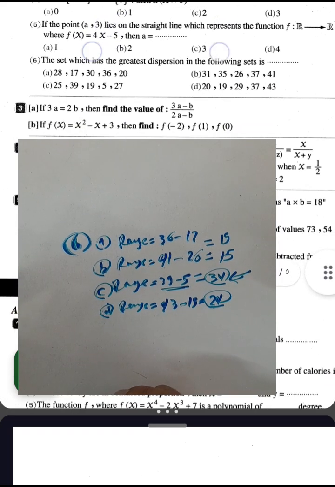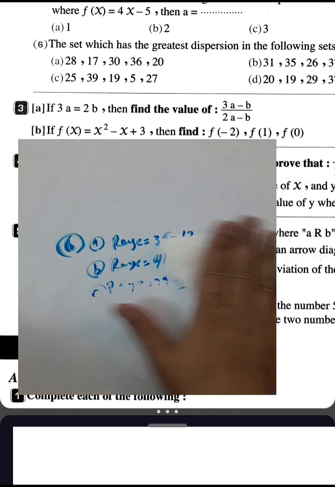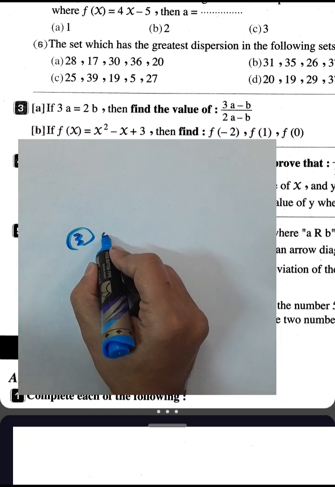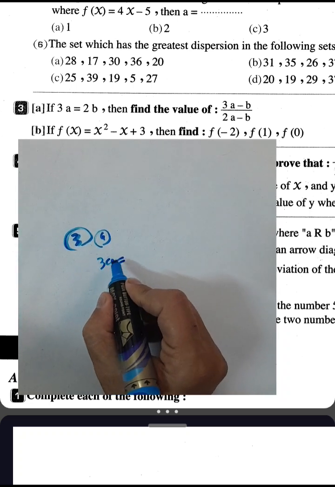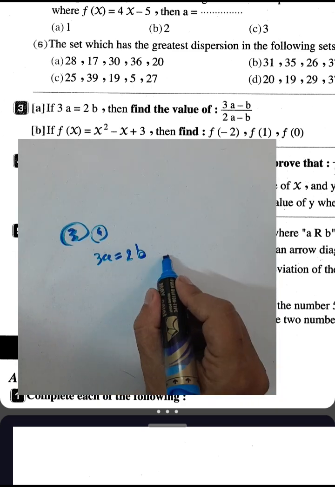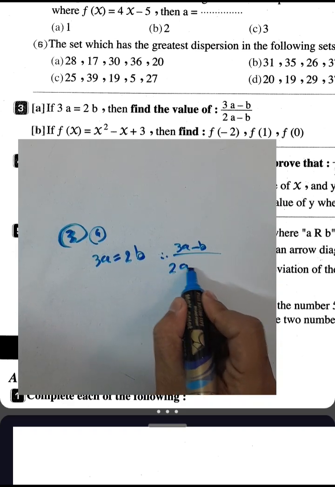Next example, number 3. If 3a equals 2b, we have 3a equal twice b. You want to find the value of 3a minus b over 2a minus b.